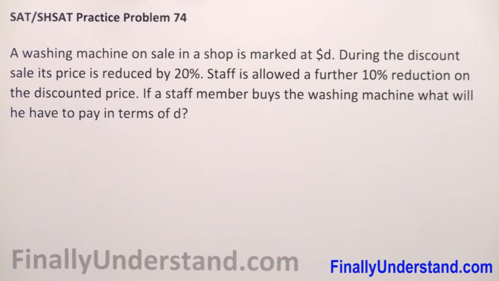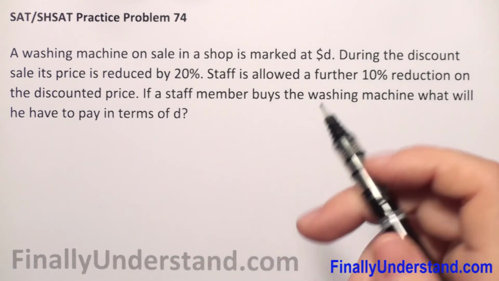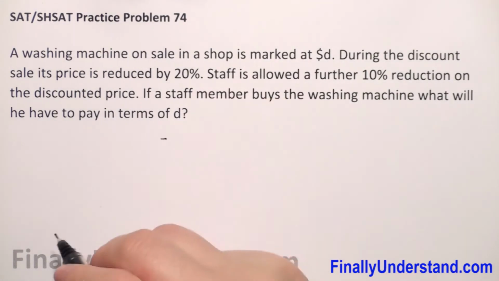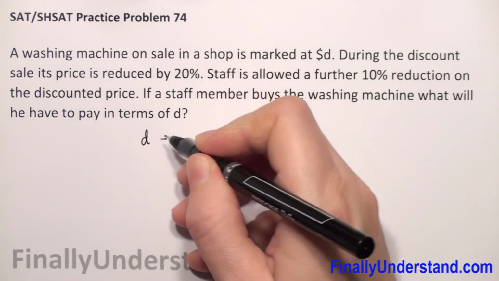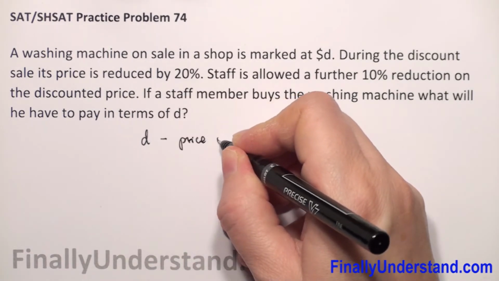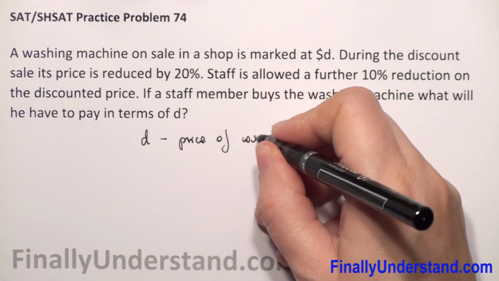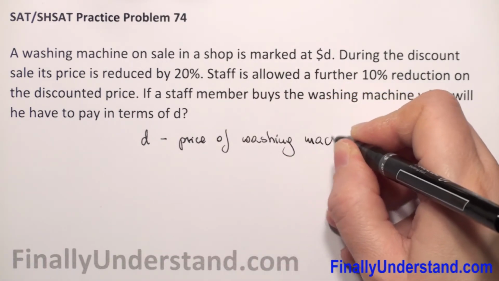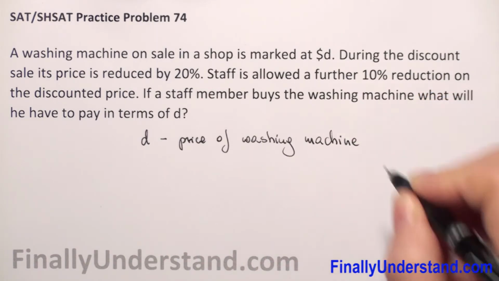So first, we are given that the price of the washing machine is $D. So let me write this, that D is the price of the washing machine. What else?